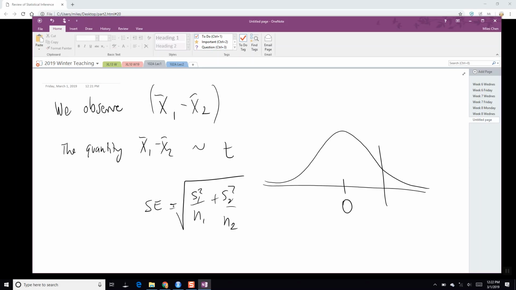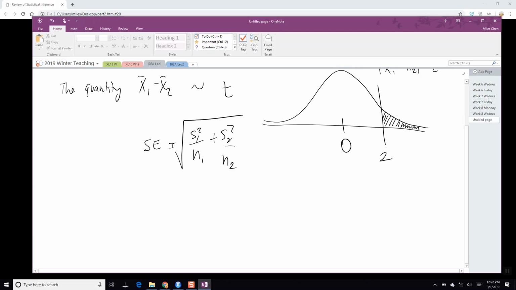If we observe a difference of 2, X bar 1 minus X bar 2 equal to 2, the question is what's the probability of getting something like 2 or something more extreme.